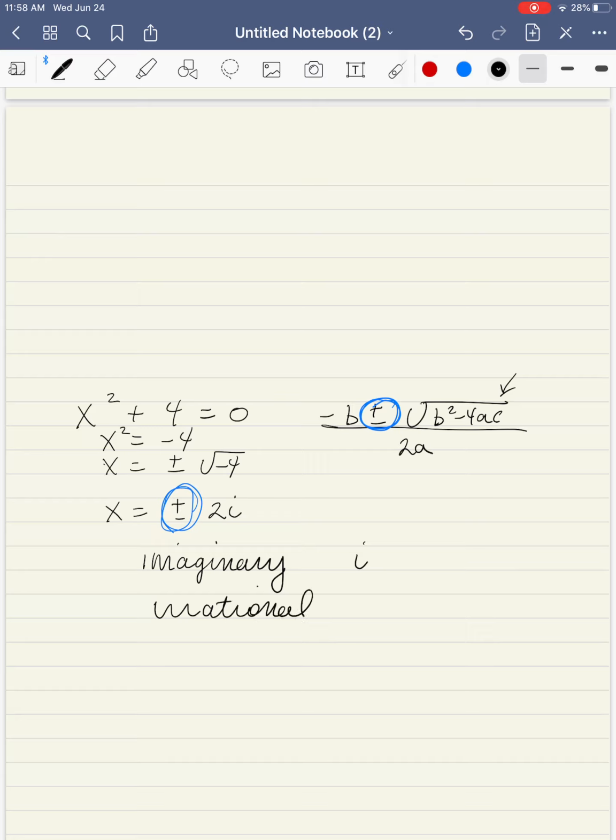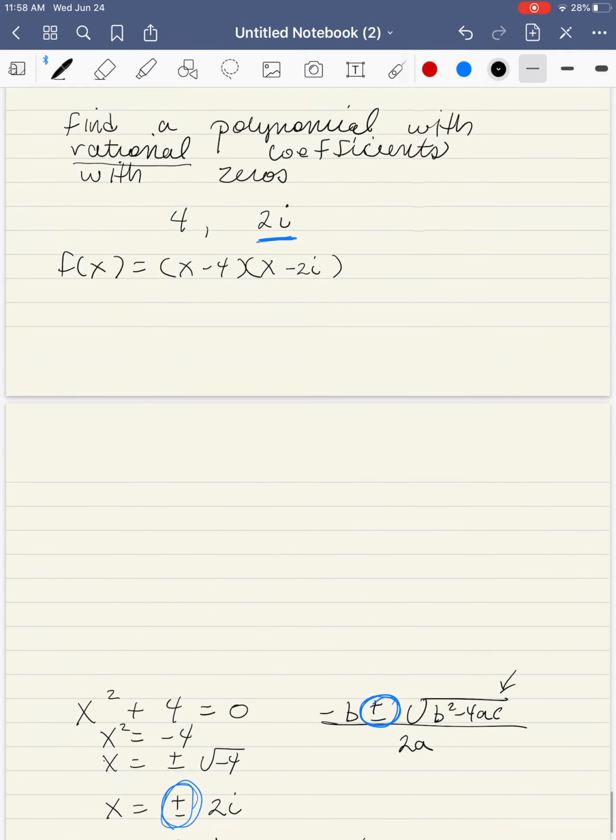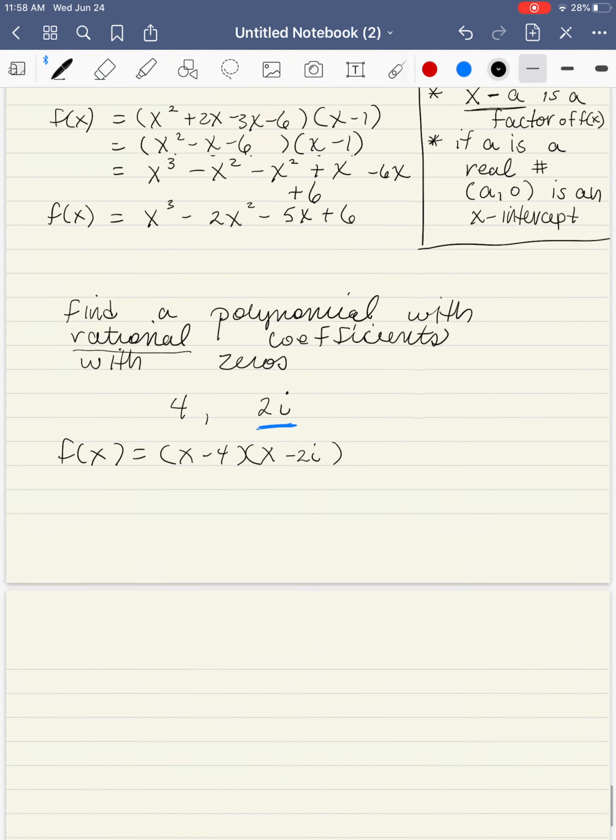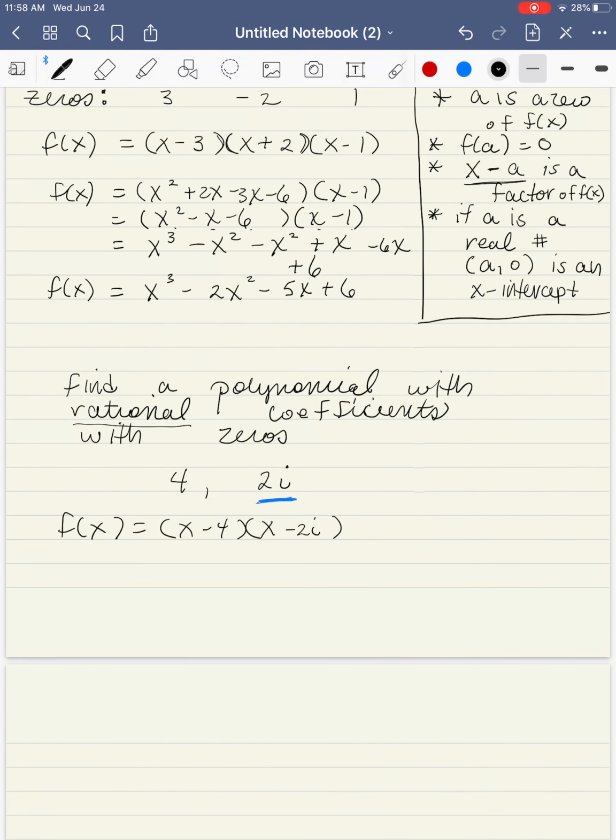So what we're seeing is that every time we have an imaginary zero with an i in it or an irrational zero with a square root of 5 or square root of 11 or something that doesn't simplify, we always have the positive and the negative version. Those are what are called conjugate pairs.